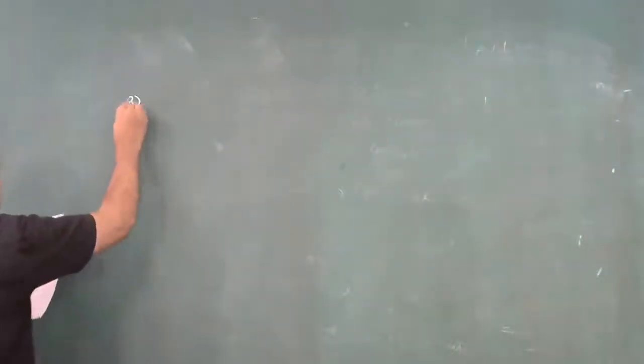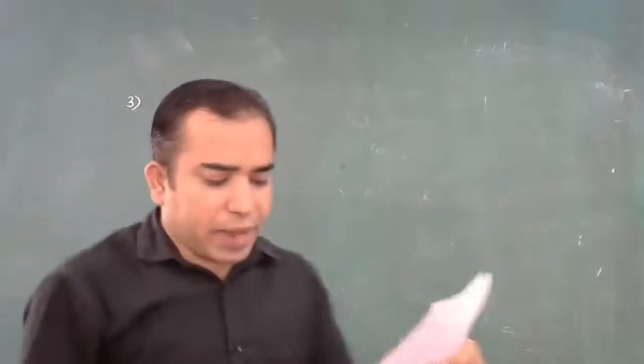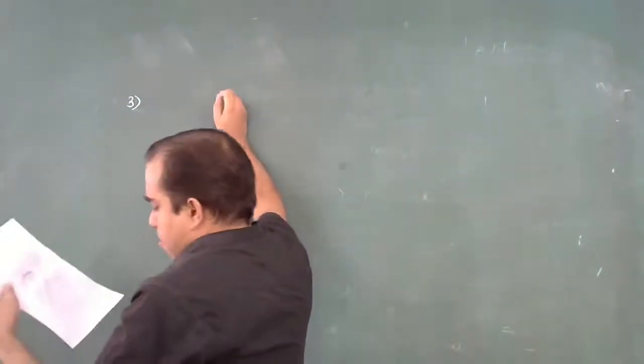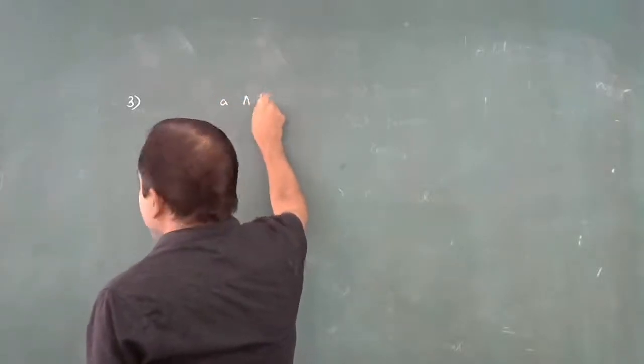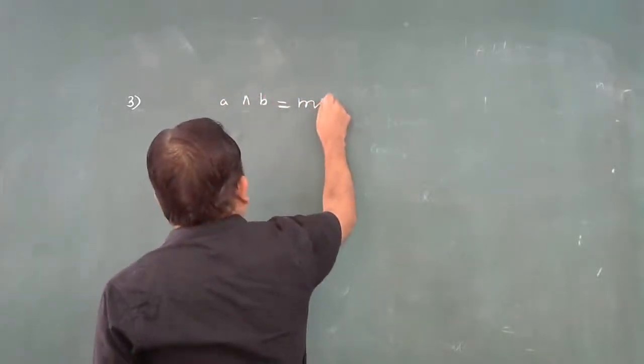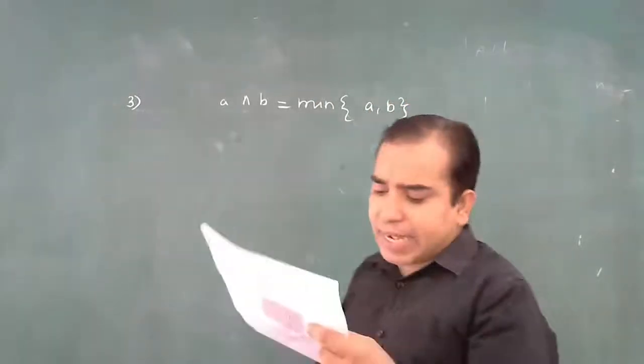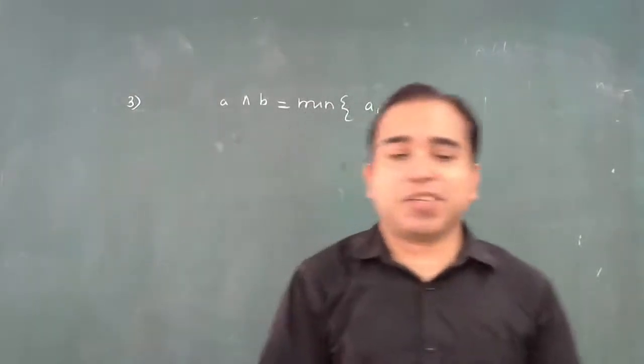Third question is, consider the binary operation star on the set 1, 2, 3, 4, 5 given by A star B equals minimum of A and B. Right? Okay. Write the operation table for this operation.